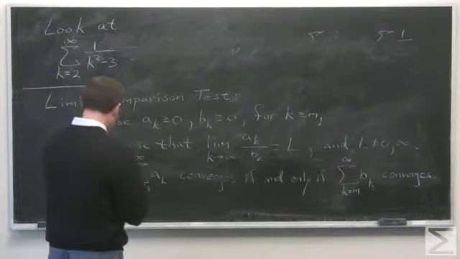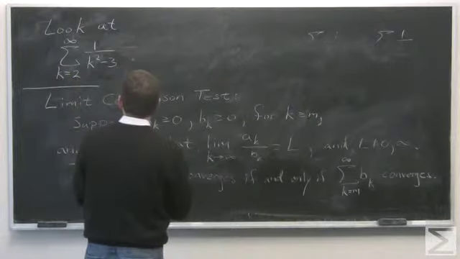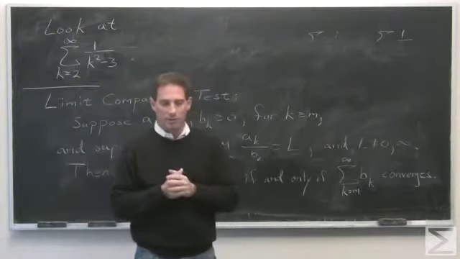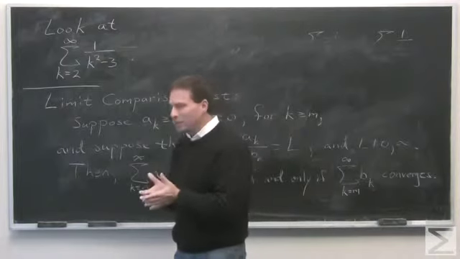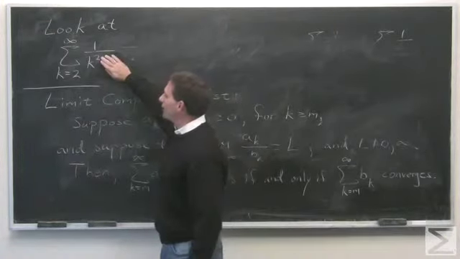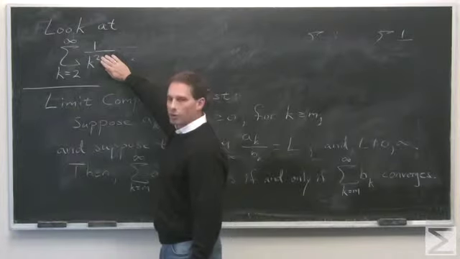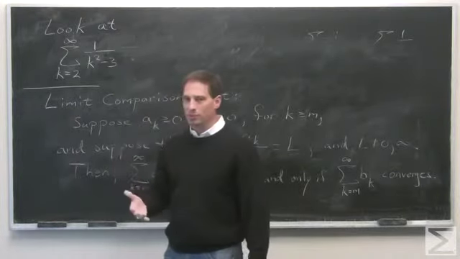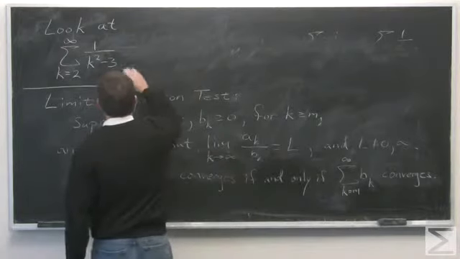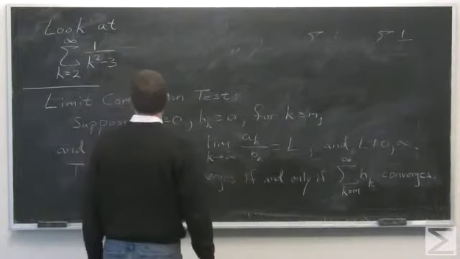How do you use it? Well, you look at this and you think exactly how I said before. You look at this and you go, it's not a p-series, but when k is really big, it looks like the series 1 over k squared. The minus 3 should just be negligible. So I suspect that this does whatever the series 1 over k squared does.